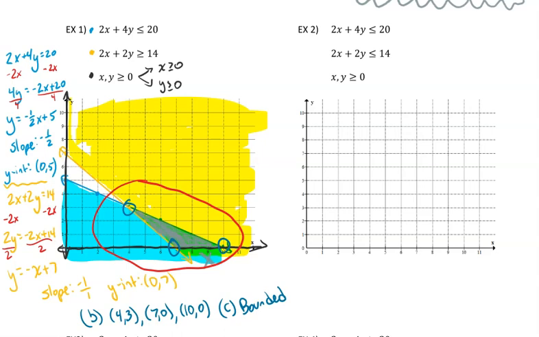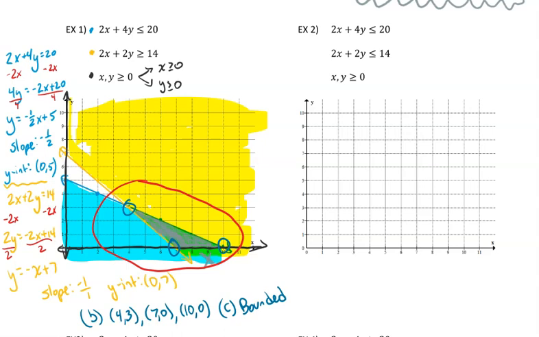All right, that is it for example 1. So let's go ahead and move on to example 2. Now, you might notice something about example 2 and example 3 and 4 that we're about to do as well. For all of these, it's the same exact inequalities except for the inequality sign itself.